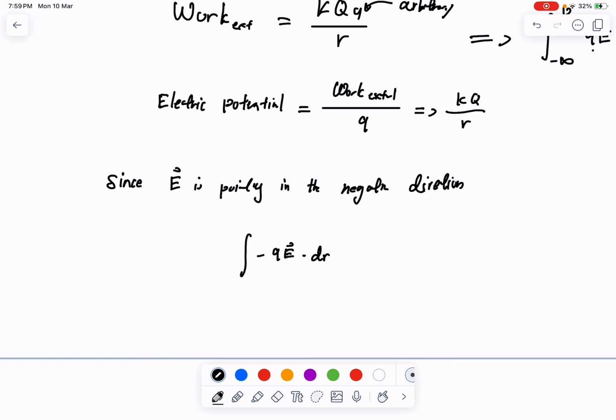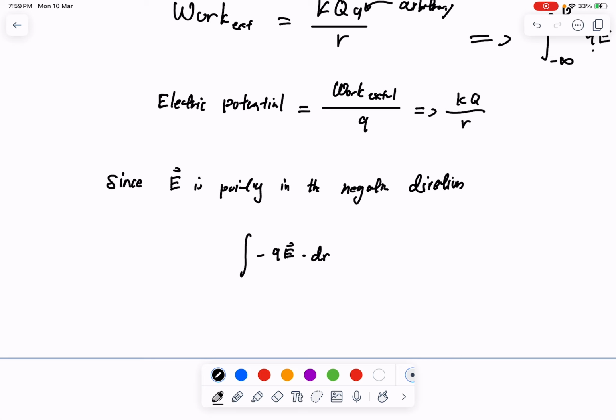However, this is the negative force that the electric field is doing on the charge. I need to calculate the work that I've done on the charge. The electric field is providing negative work while the external force is providing positive work. However, electric potential is defined to be the work external, not the work by the field.